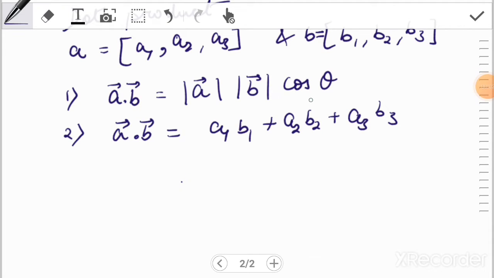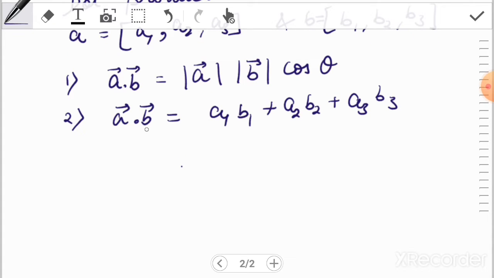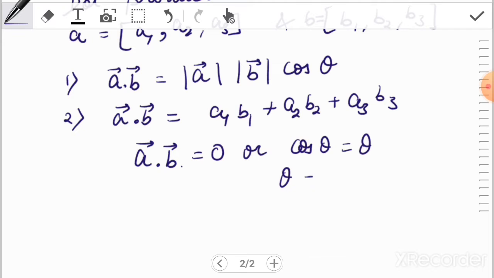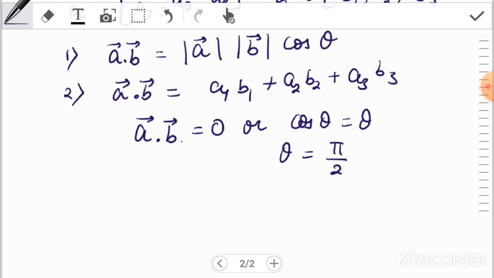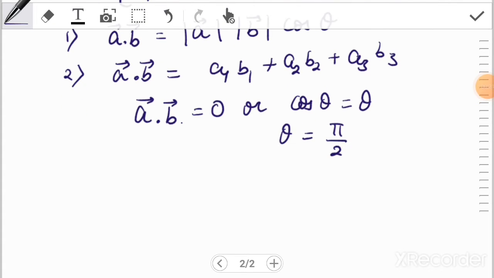Cosine may be positive, 0 or negative. Vector A is called orthogonal to vector B if A dot B is equal to 0 or cos theta is equal to 0, where theta will be equal to pi by 2 or 90 degrees. Dot product is a scalar.